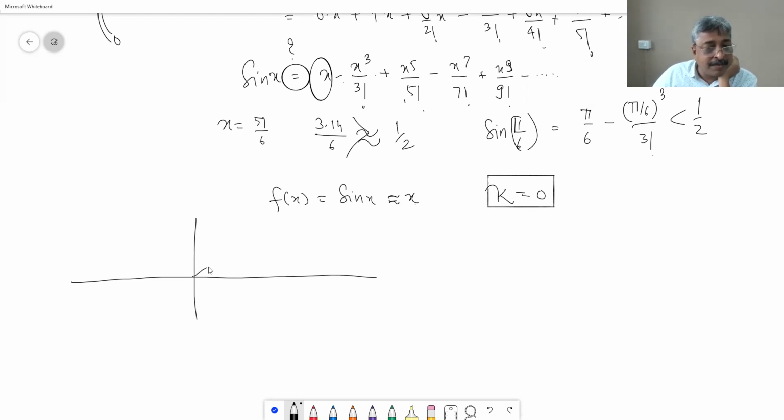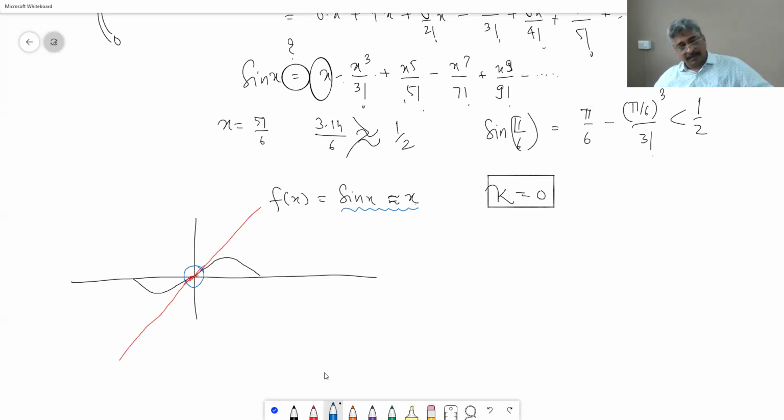My sin x graph looks like this. When I approximate it with a polynomial function f of x is equal to x, it looks like this. And when you see the neighborhood of 0, and if you zoom in and enlarge it, both behave similarly.